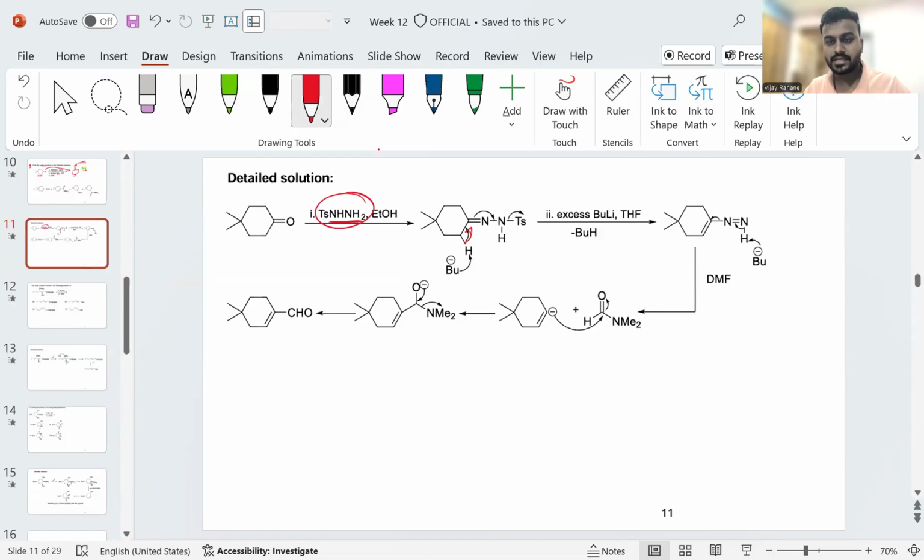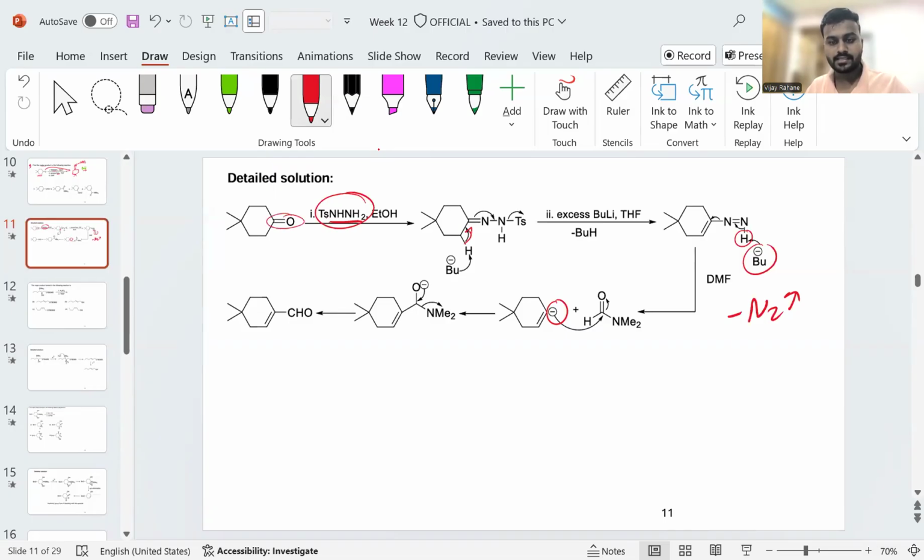And again, the NH proton is also abstracted by the butyl lithium. So this N2 elimination also takes place in a similar fashion, and we get the anion at the ipso position, where we had initially the keto.